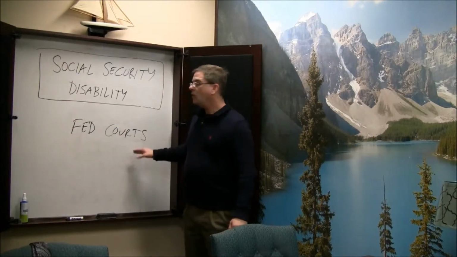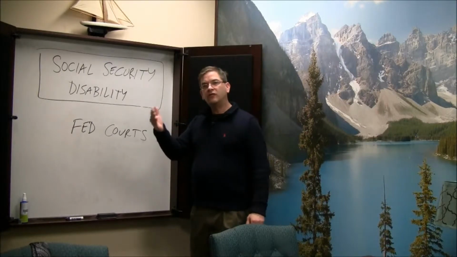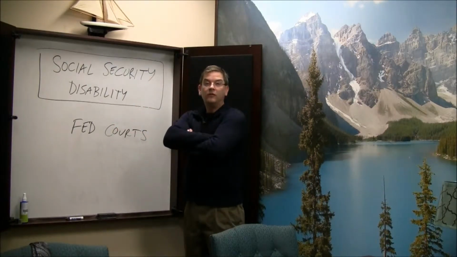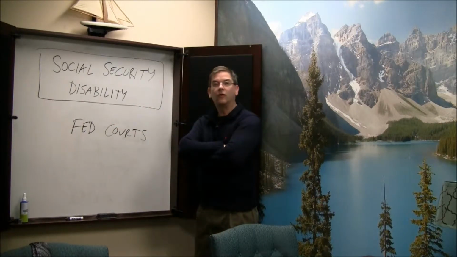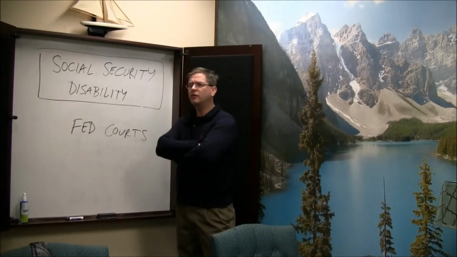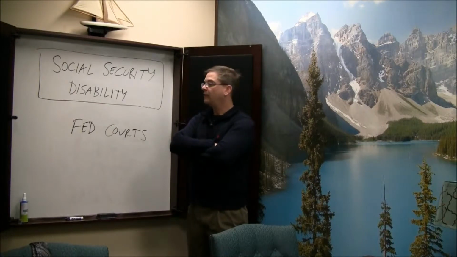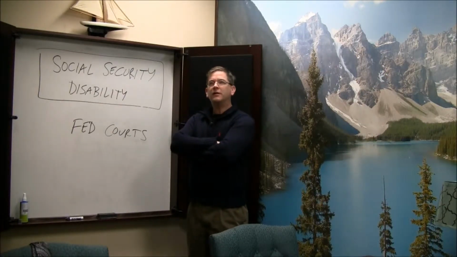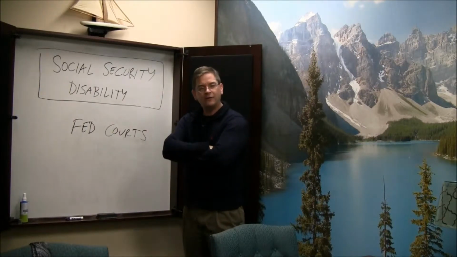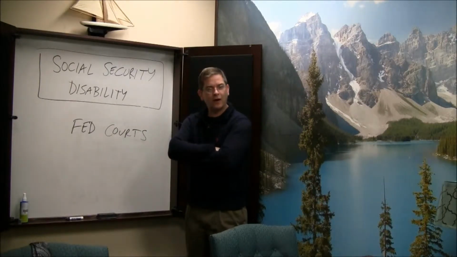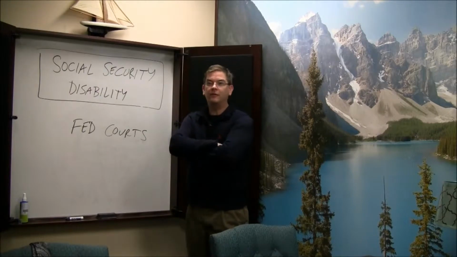With federal courts, what you'll notice is that you go state by state, and in federal district courts at the lower level and circuit courts at the upper level, you'll notice a wide variation of how they apply Social Security disability law. Now, if you think about it, an intelligent system would not have such wide variation in how to apply it. For example, how much weight should you give treating medical evidence?